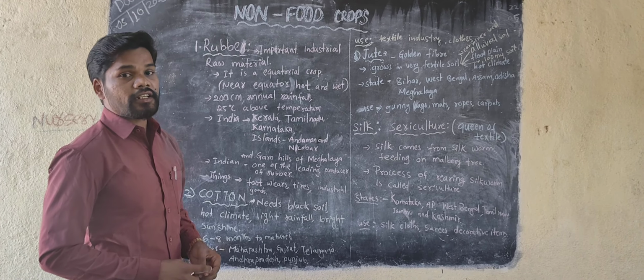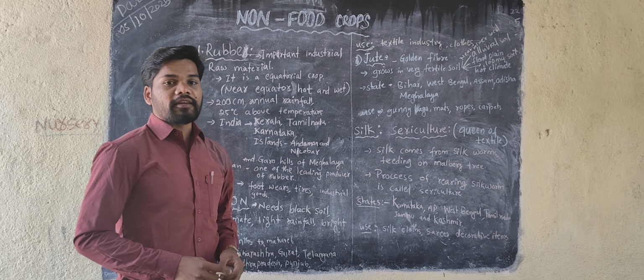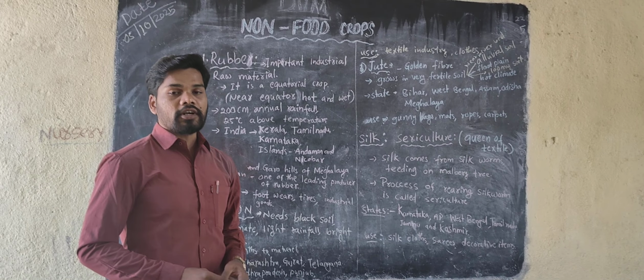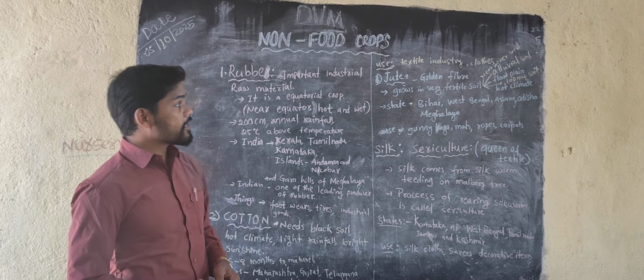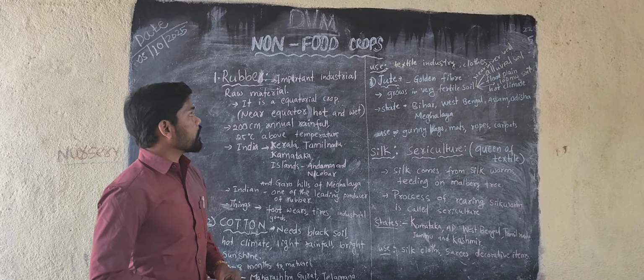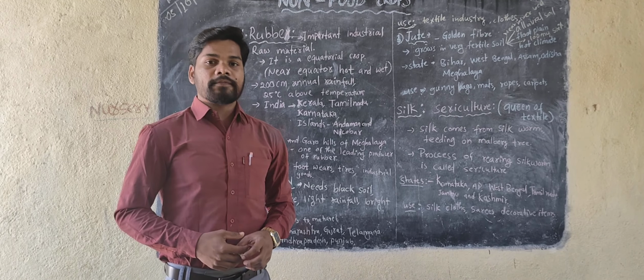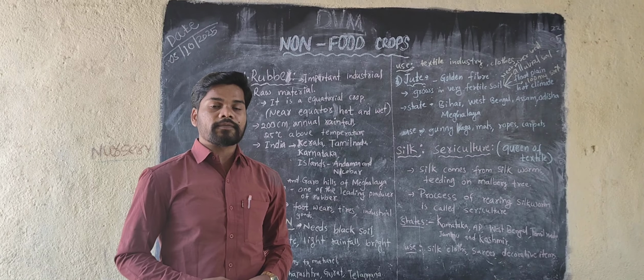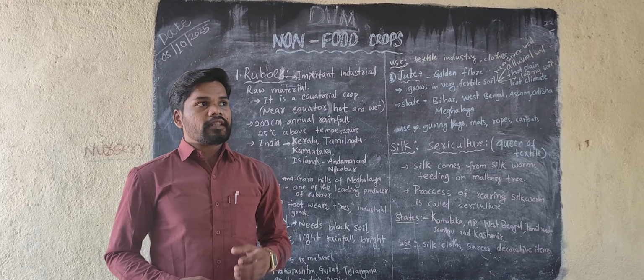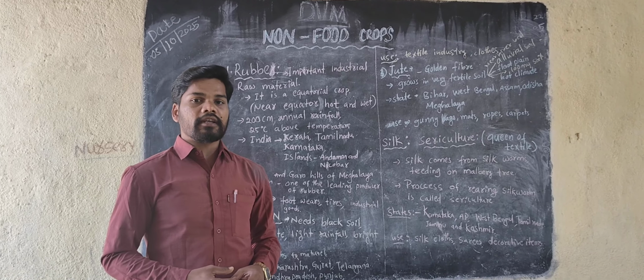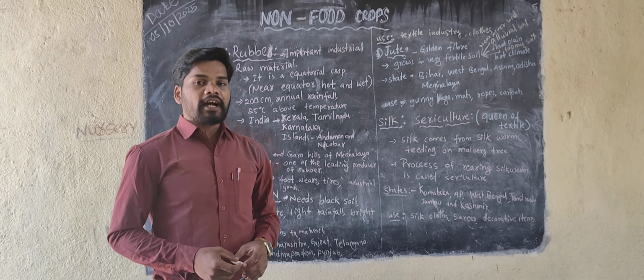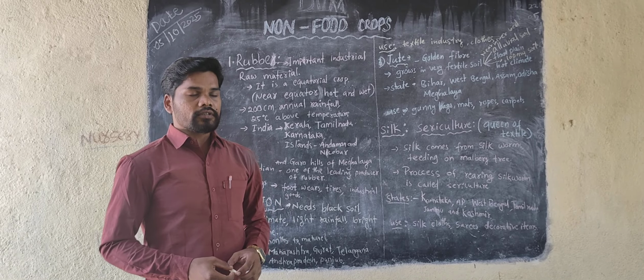The previous session I tried to explain about horticulture food crops, and today I have come with a new topic, that is non-food crops. Of course, we have discussed in horticulture food crops, we said there are vegetables and fruits, they come under horticulture crops.